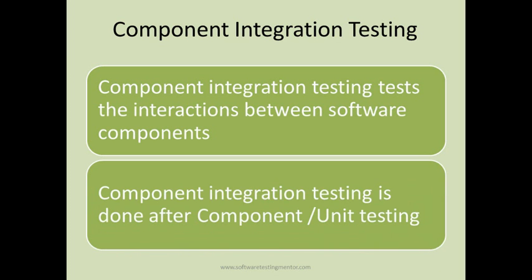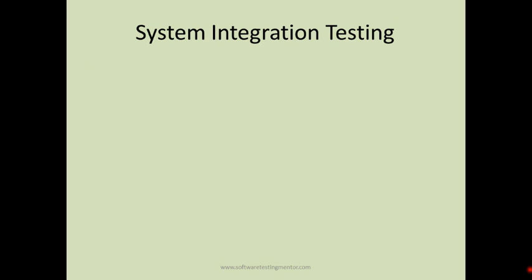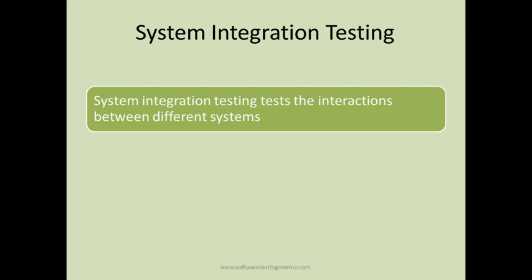Component integration testing is done after component or unit testing is finished. So once unit testing is done, those smaller units are integrated into one component, and that's when component integration testing is done. Then system integration testing tests the interactions between different systems.